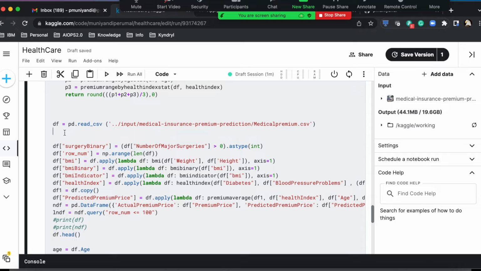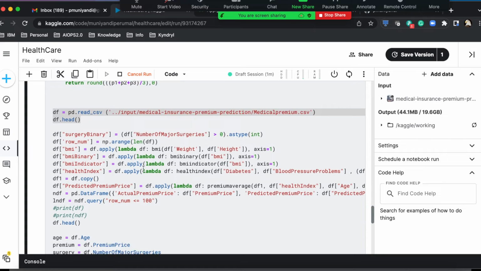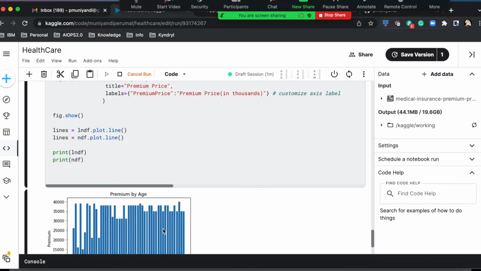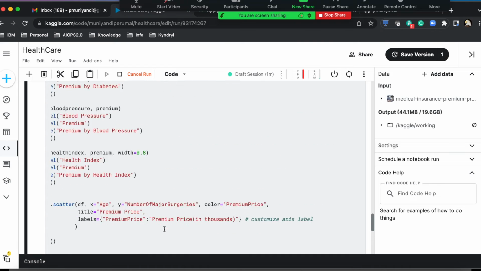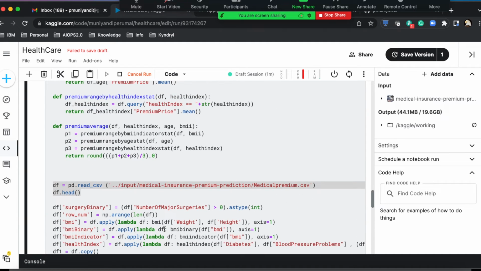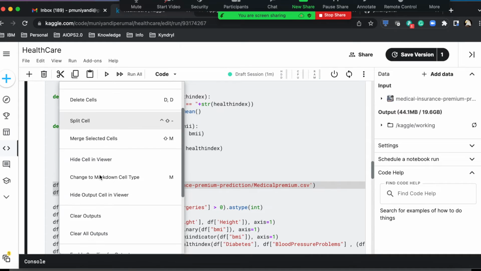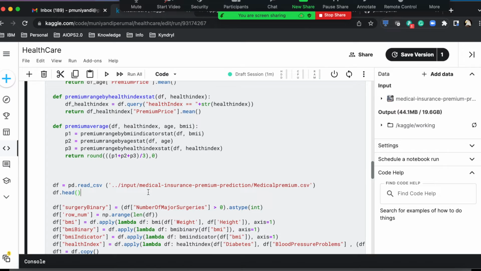I'm going to execute only these 2 lines. Okay, this is running the entire code, actually speaking. No problem, this is running the whole code.